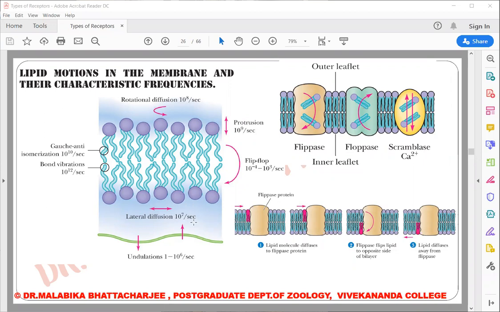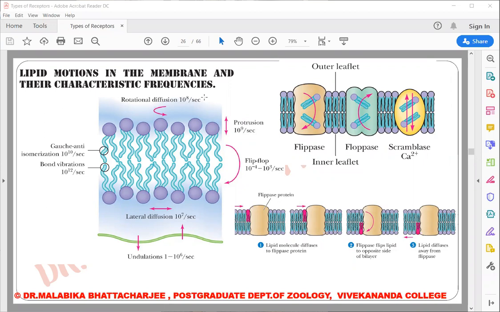So this is the rate of the lateral diffusion movement. It's 10 to the power 7 per second, and the rotational is 10 to the power 8 per second. Okay. And then some bond vibrations are also seen in the fatty acid tails of lipid molecules. I'm not going to go into the details of that. I just wanted to show you the different kinds of movements and their rates.